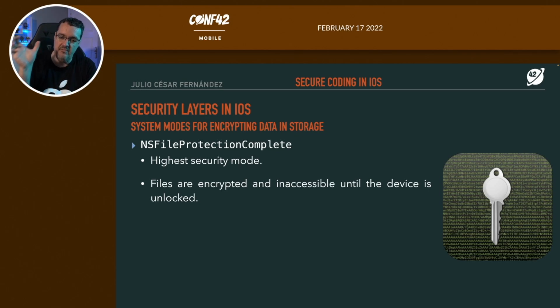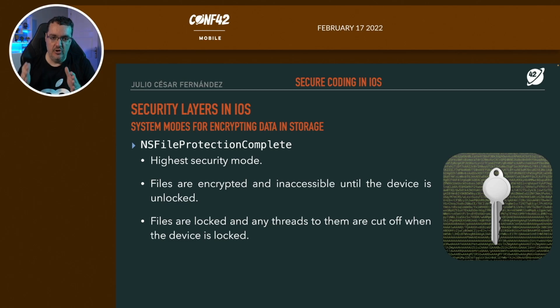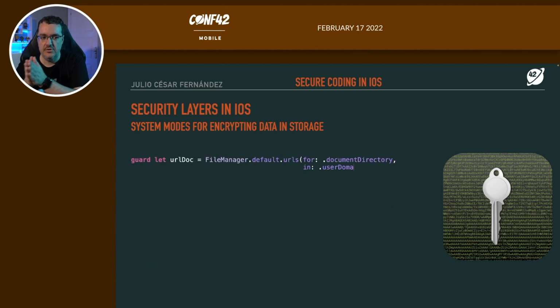If your device is unlocked, your files are ready to access, but if you lock the device, all the files will be encrypted, and it is impossible for any app or process to access them, okay? Files are locked and any threads to them are cut off when the device is locked, okay? Recommended for most app data. How can you use it?